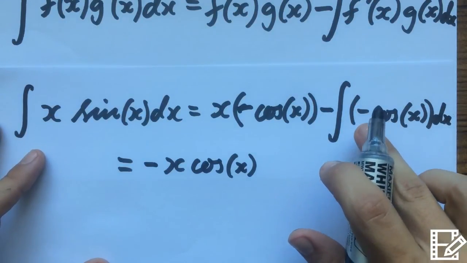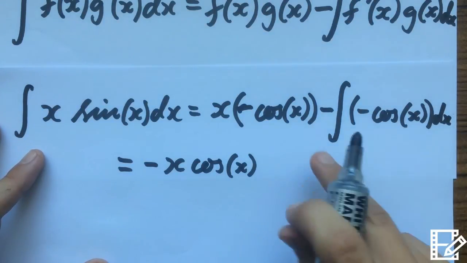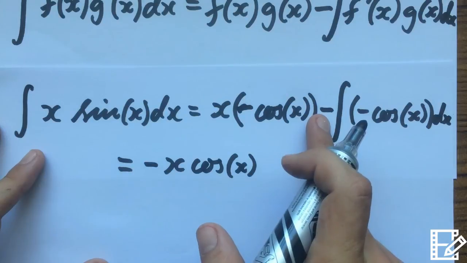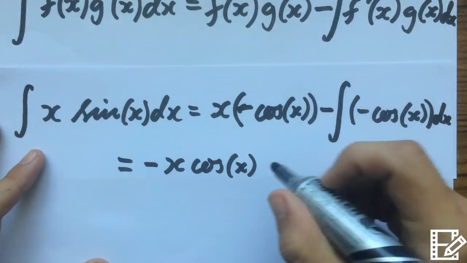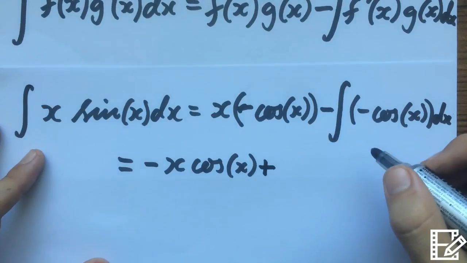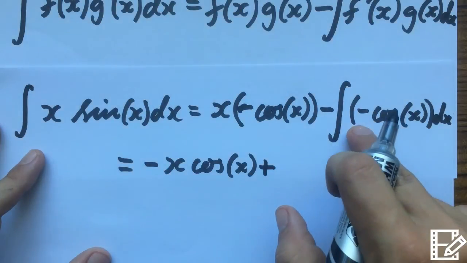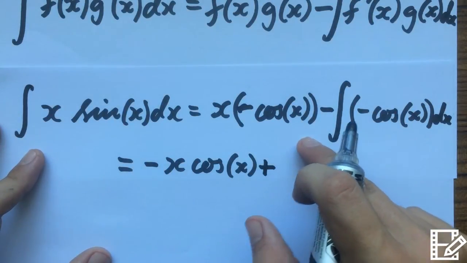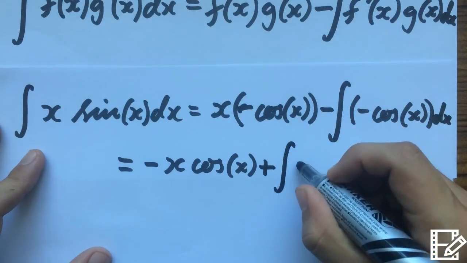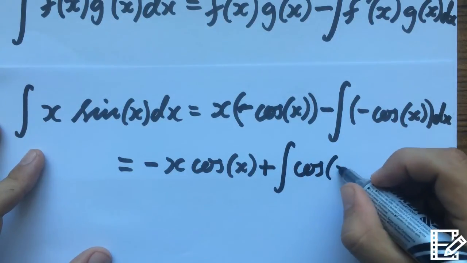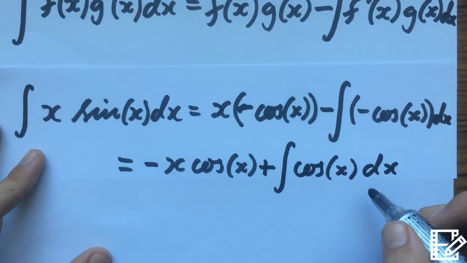Multiplication by constant means that we bring the constant out the front. If that's the case, we'll have a negative multiplied by a negative 1. Two negatives make a positive, and we end up with plus. You see how that works? Basically we bring the negative out the front, and we multiply it onto the negative. So we're left with a positive cos x inside, and that's what we have to find the integral of.